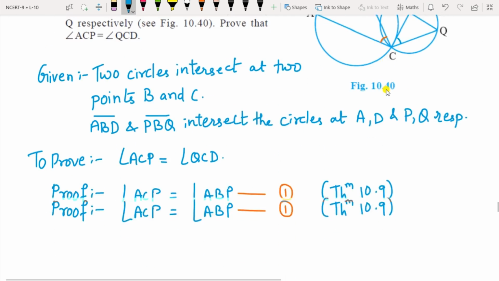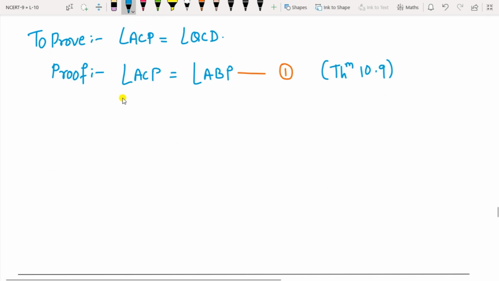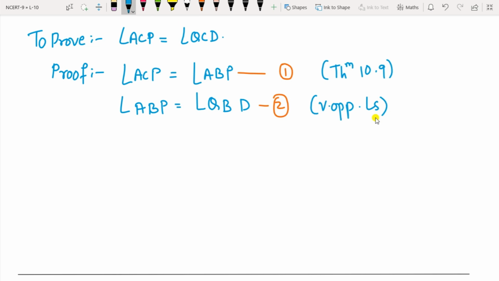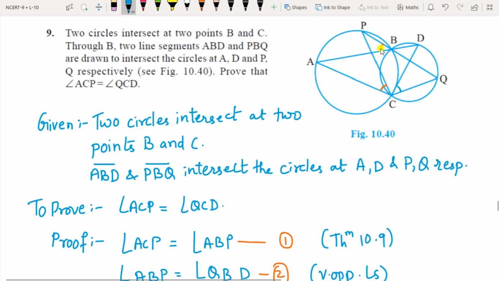Then you have to write angle ABP is equal to angle QBD. That is your equation number 2. The reason here is vertically opposite angles. Now this angle and this angle, that is QCD and QBD, are in the same segment, therefore they are also equal.